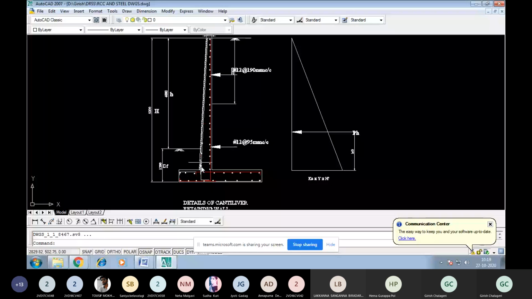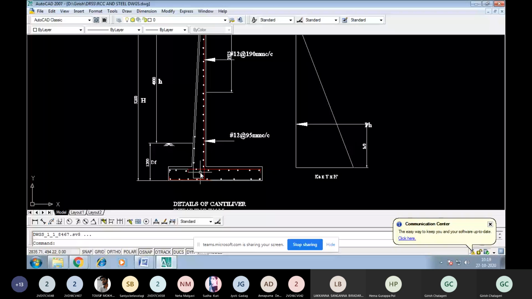As we did, the stem was designed for the horizontal pressure of the earth provided on the backfill. So pH, that is the horizontal pressure, was found over a height. This is the load applied over the stem, and the maximum bending moment we get is at the bottom. So we designed the stem for the maximum moment found at the bottom of the stem.